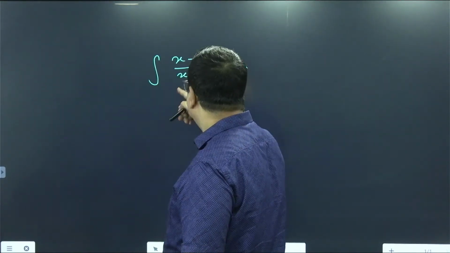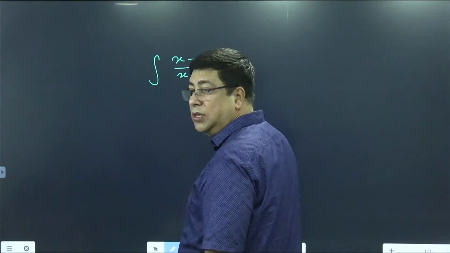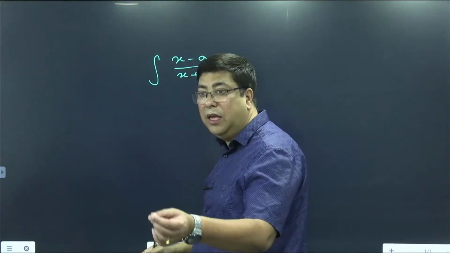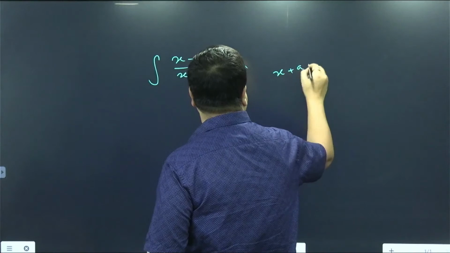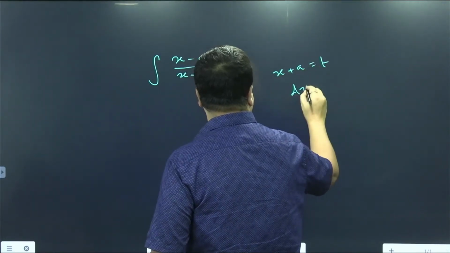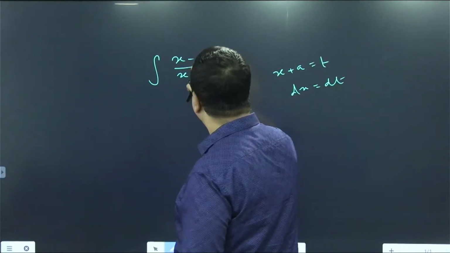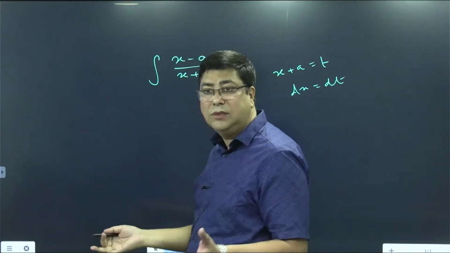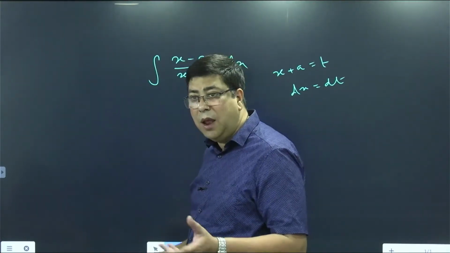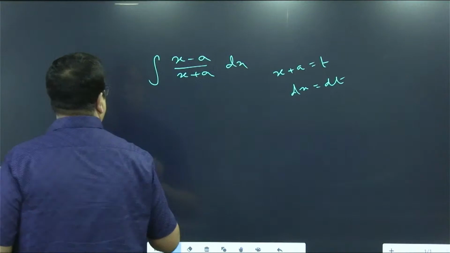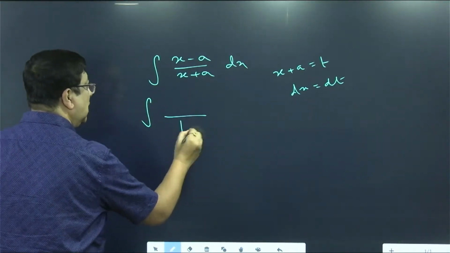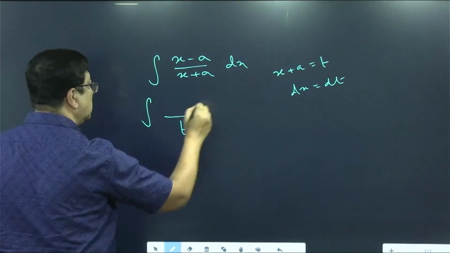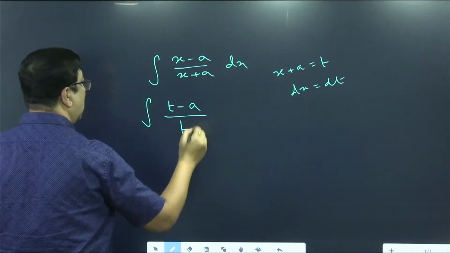What Priyanshu is telling, x plus a minus 2a. Otherwise, we can take denominator as t. So x plus a equal to t. So dx equal to dt. Instead of x, we can write t minus a.